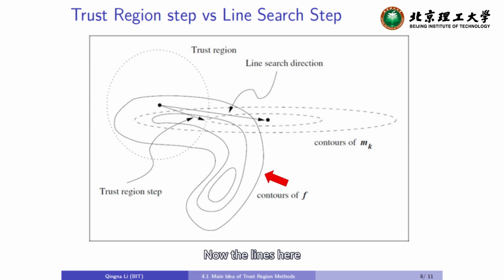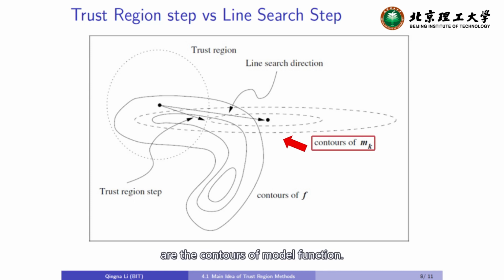Now, the lines here are actually the contours of function f. And the dotted ellipsoids here are the contours of the model function. So the model function is the approximation of the function values.